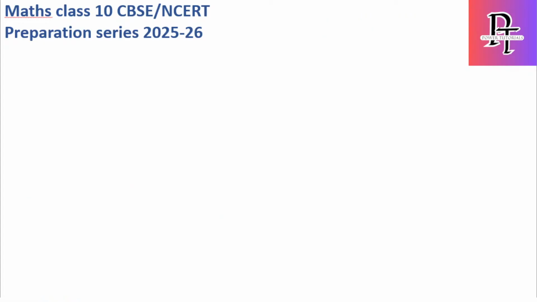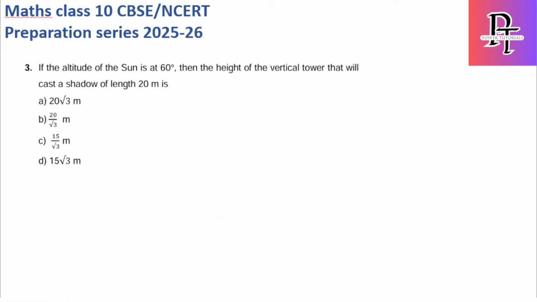Okay, let's move to the third question. If the altitude of the sun is 60, then the height of the vertical tower will cast a shadow. So again same type. We have a vertical tower here, and we are getting a shadow.